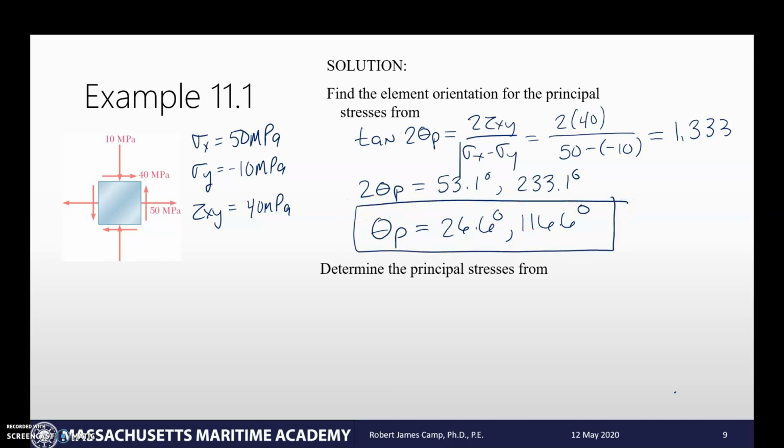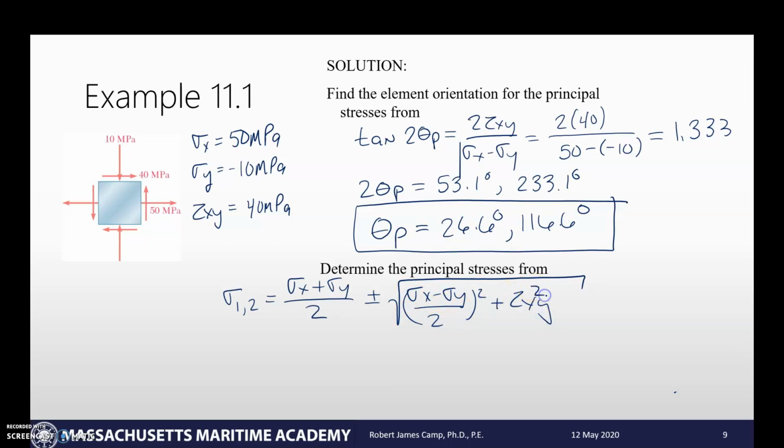So we're going to rotate everything to those angles. So let's determine our principal stresses. Principal 1 and 2 are going to be sigma x plus sigma y divided by 2, and then plus or minus the square root of sigma x minus sigma y over 2 squared plus tau xy squared. And so once again, I'm not going to put the megapascals in because the units are all the same.